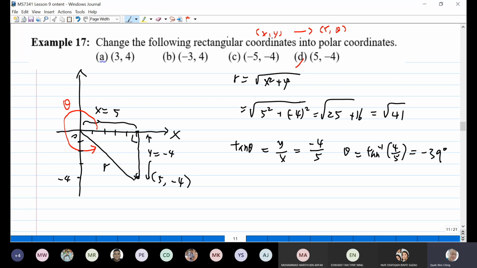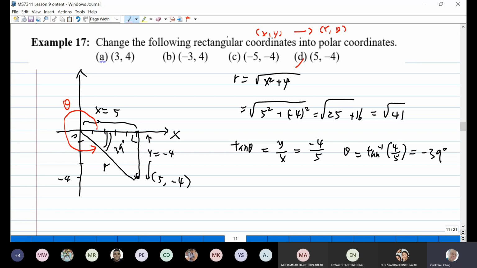So what you get is actually this angle. It's called the reference angle. If we ignore the sign, the angle from there is called the reference angle. Here is 39 degrees. So where is the theta now?